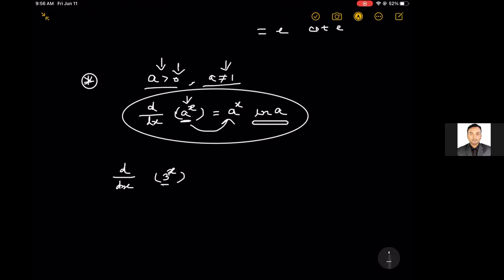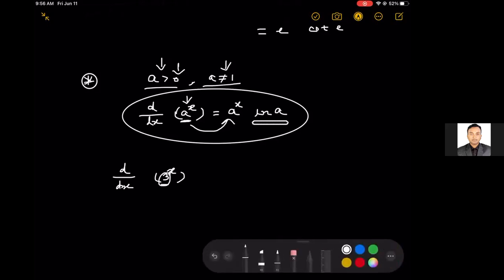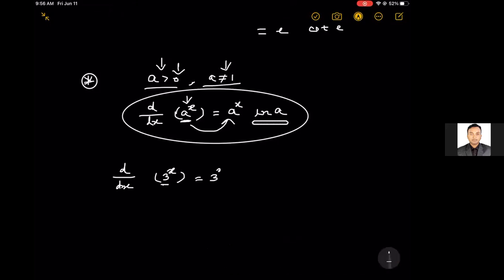So if that's the case, using this formula above, we can say the derivative would be 3 to the x natural log of 3. This is my a. See how easy it is once you know the formula?